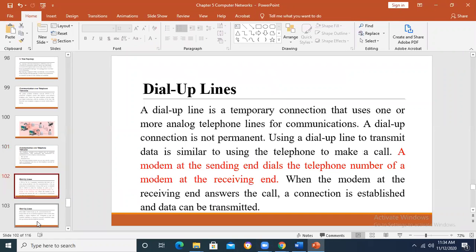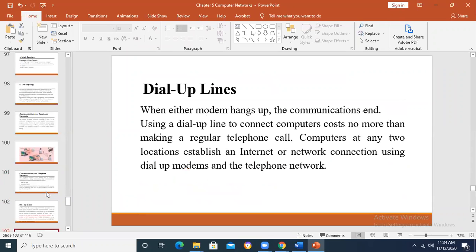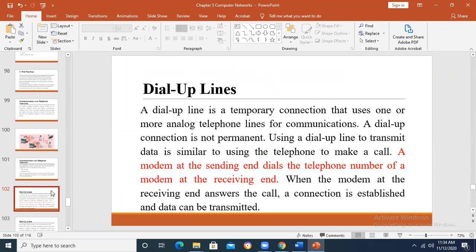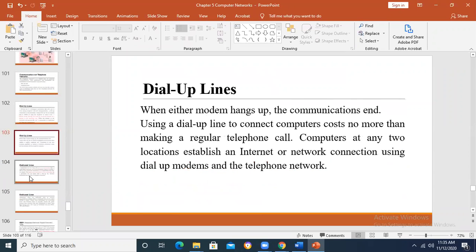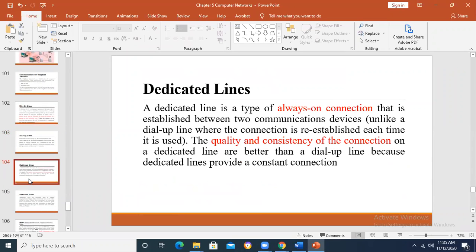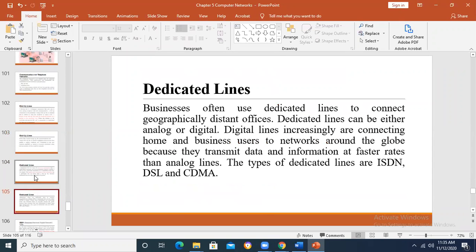Then we said, in dedicated lines, what happens? In dedicated lines, we have the connection between computer systems which are at a distance, or if you want to connect your computer system with an ISP, or connect two branches of the offices which are at a remarkable distance, you are going to take a dedicated telephone line for that purpose.